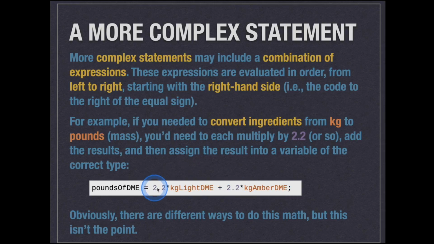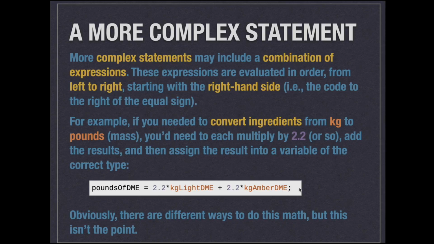So on the right hand side of the equal sign, we've got an expression that is a literal number, an asterisk, an identifier, a plus, a literal number, an asterisk, and then a second variable name or identifier. And so this works a lot like writing expressions in a spreadsheet or in other languages.